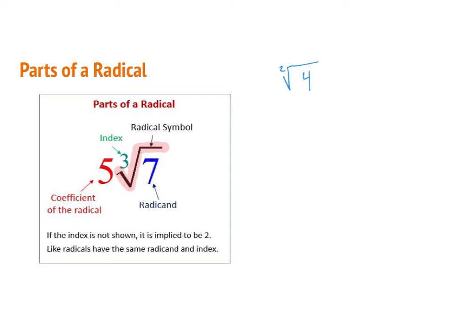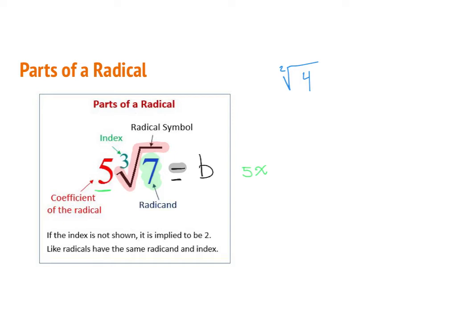A radical can have a coefficient just like we have coefficients in front of variables. The number inside of the radical symbol is known as the radicand. Whatever your radical equals after we do the actual simplification process is known as the root.